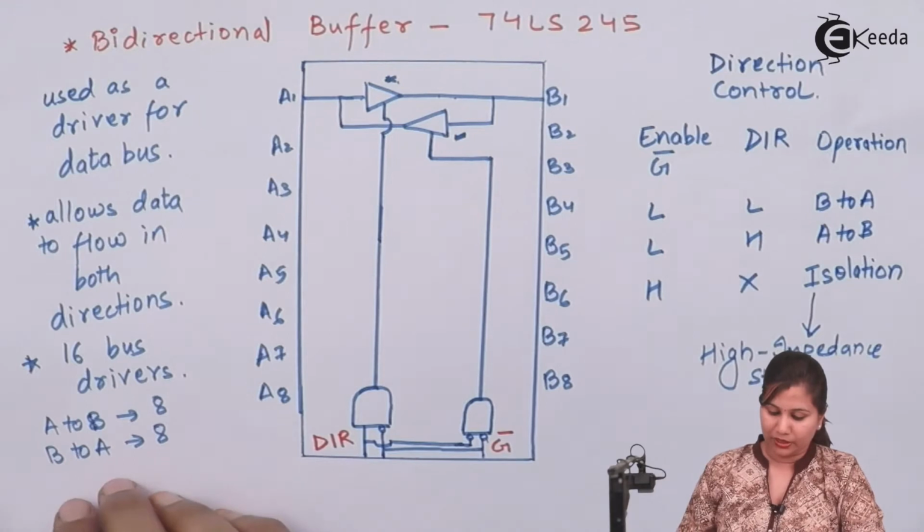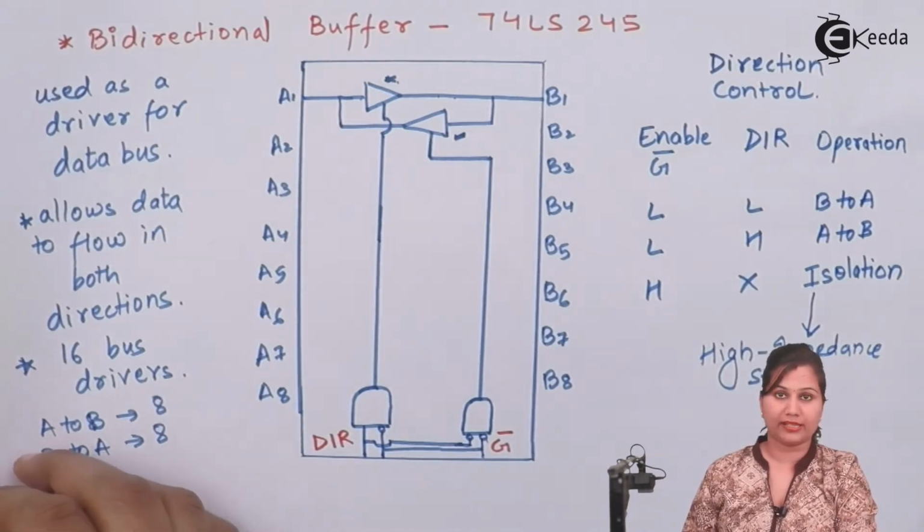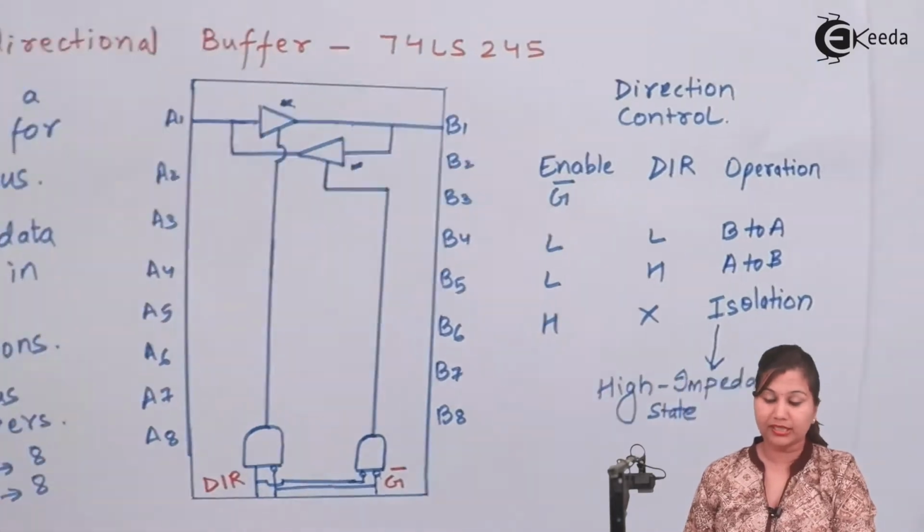Now the second type of tri-state logic device we will study is the decoder.